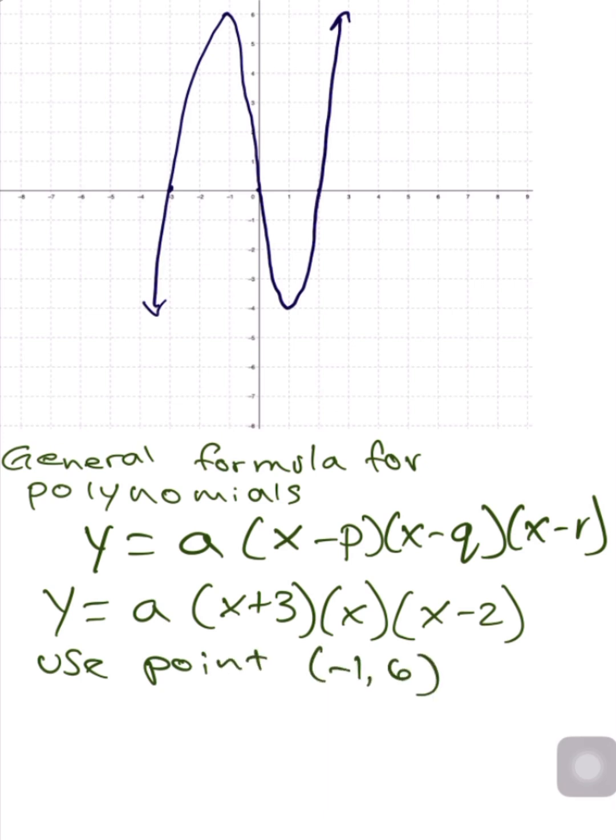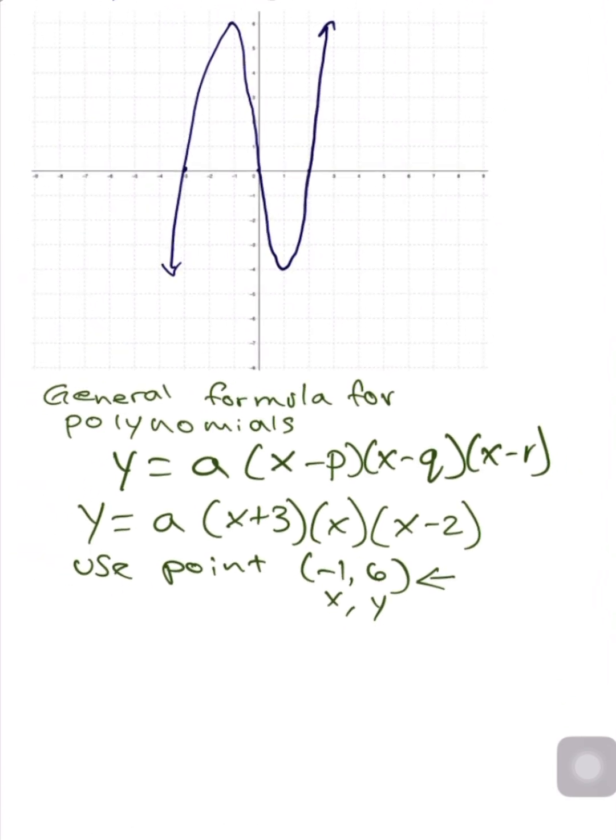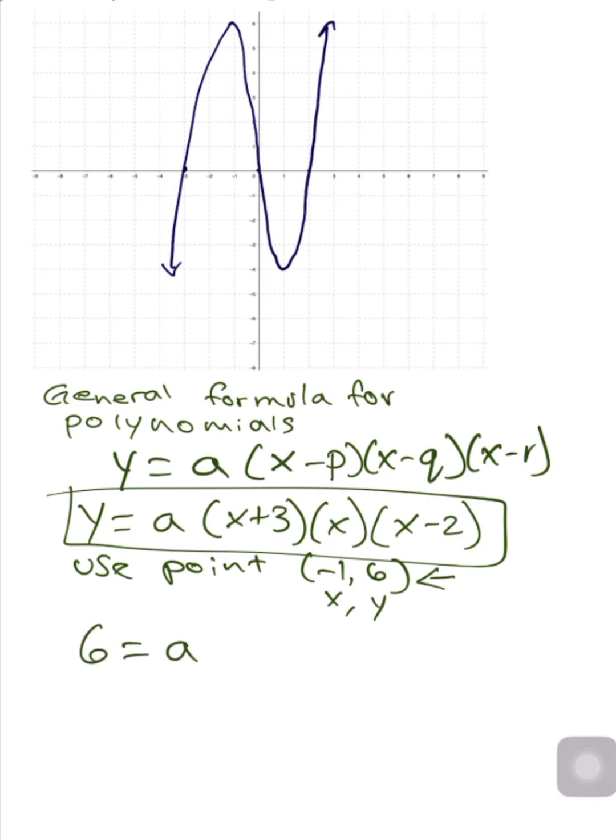And that's useful because you know that in the coordinate point, this is x and that's y. So all you have to do is plug it back into this equation and solve for a. So my y is 6. I don't know what a is. I'm solving for it. And I know that x is -1. So I just plug in -1 wherever I see x.